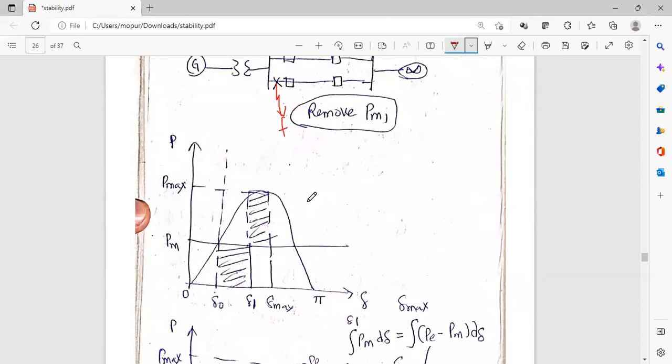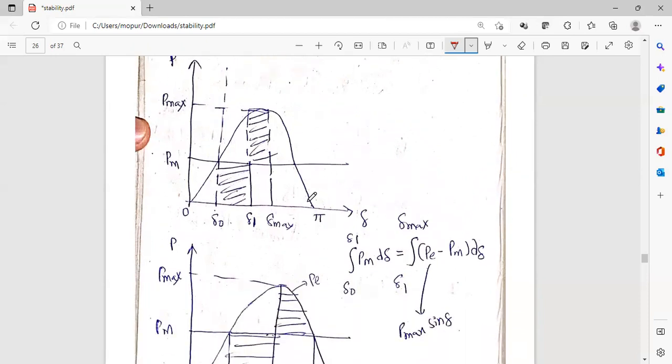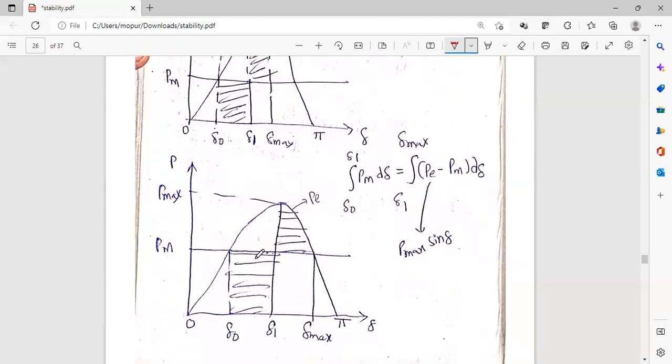If you see here, the critical clearing angle is reached when any further increase in del 1 causes the area A2, here, if you see, this is the area A2 and this is the area A1. Let us assume this is area A2 and this is area A1.